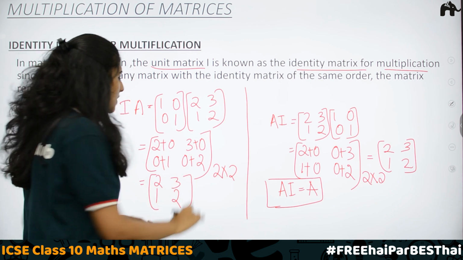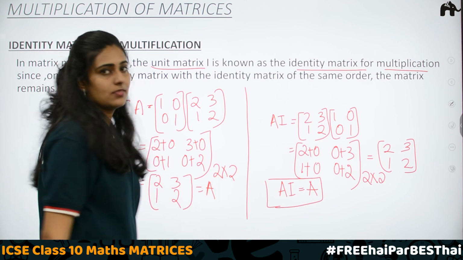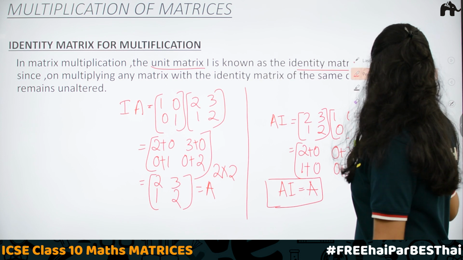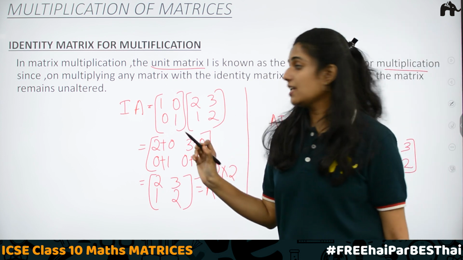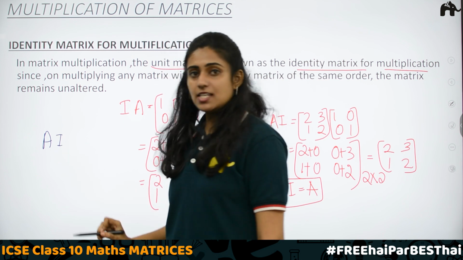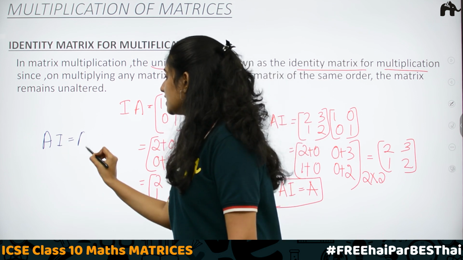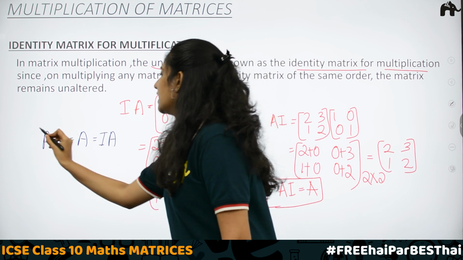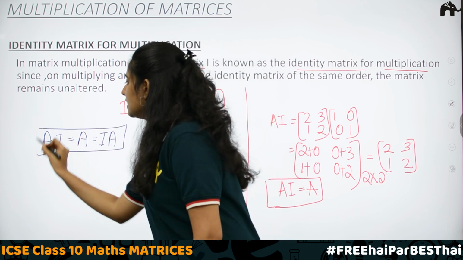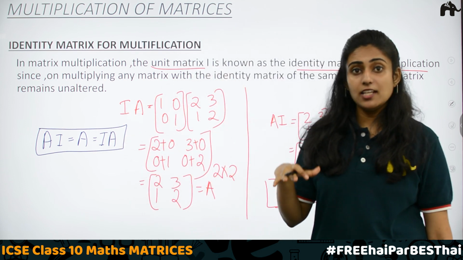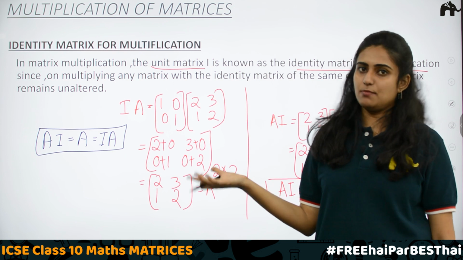This is again our matrix A. Yes, this is again equal to our matrix A, which means we can conclude that matrix A into identity matrix is equal to matrix A, that is equal to identity matrix into matrix A. We can reach this conclusion. Also, we have shown that a matrix A into a null matrix gives us a null matrix.